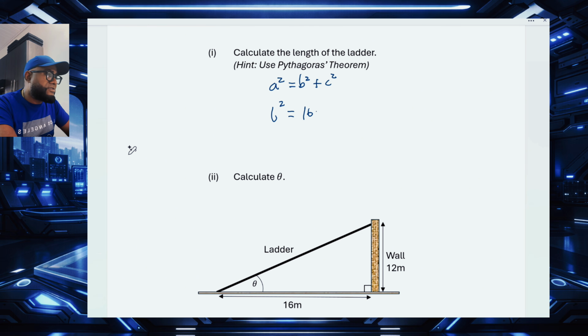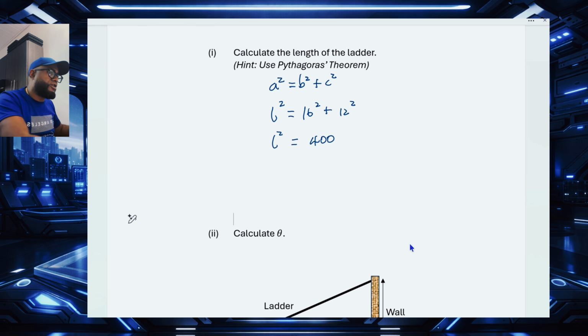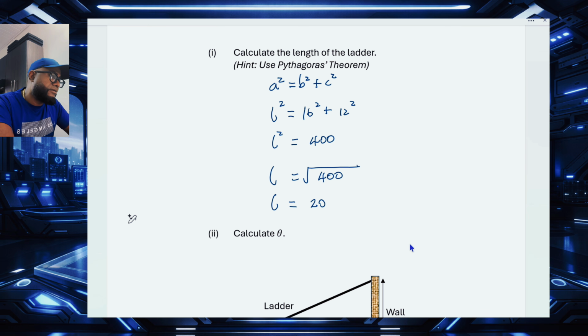So 16 squared plus 12 squared. L squared will be equal to 400. So L would be equal to the square root of 400. L will be equal to 20.